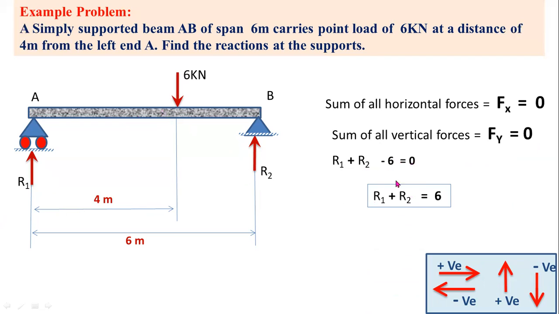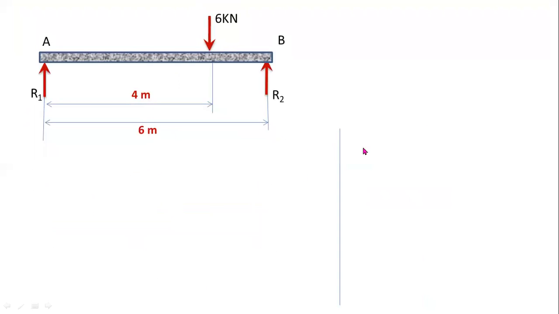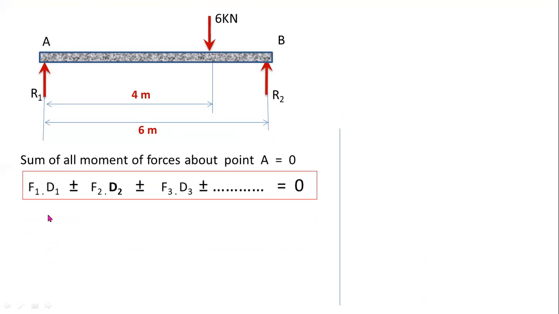For determining these two values, we need another equation. So you have to consider moments about point A. Sum of all moments about point A equal to 0. Already we know that moment of force equals force into perpendicular distance.